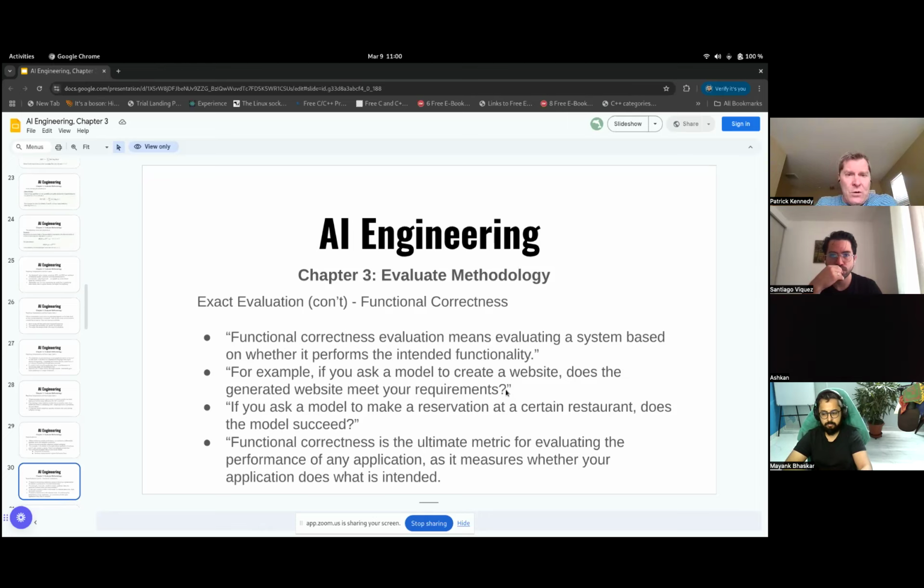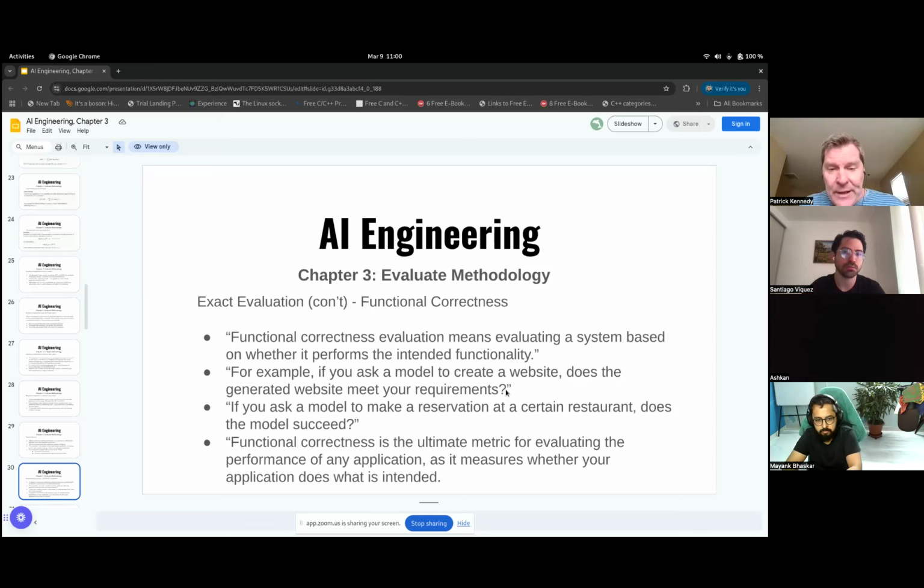So functional correctness. Functional correctness evaluation means evaluating a system based on whether it performs the intended functionality. And the example makes it very clear.